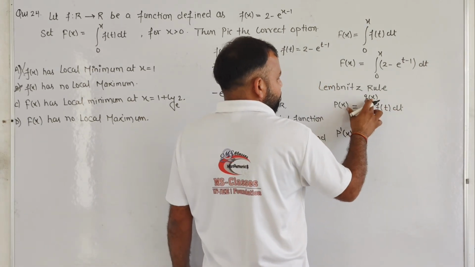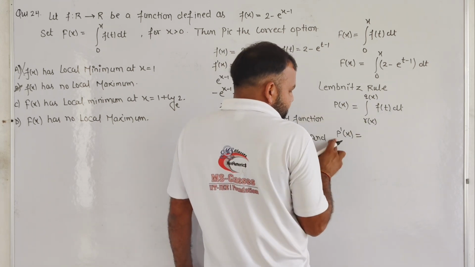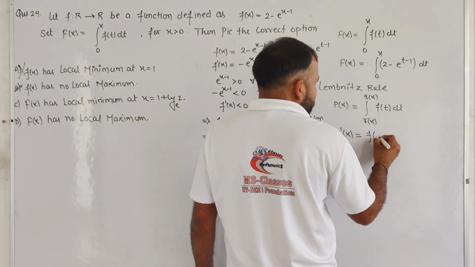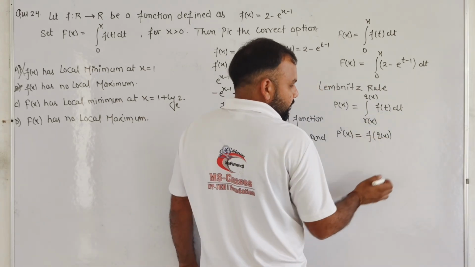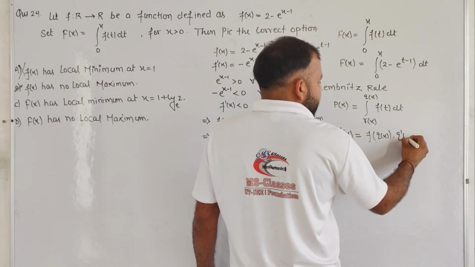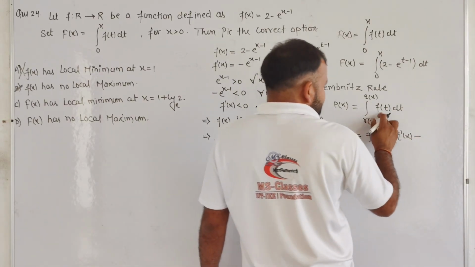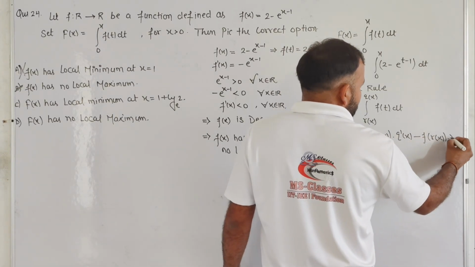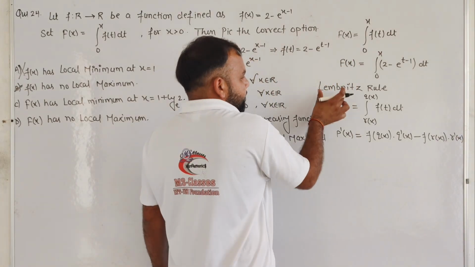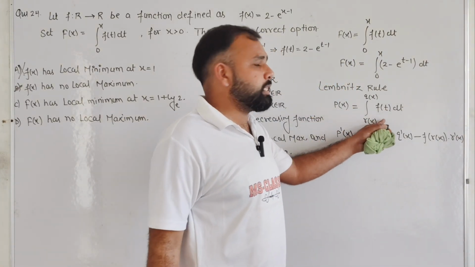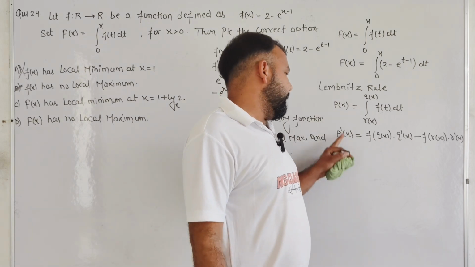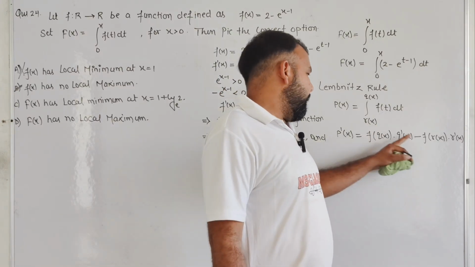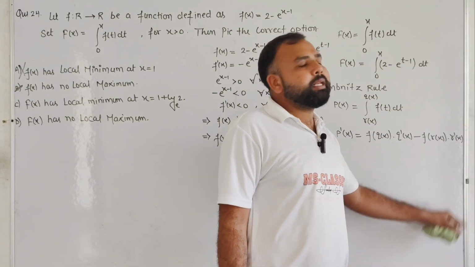So put down the upper limit in the function, f of q of x, multiplied by the derivative of the upper limit, q dash x, minus the lower limit, f of r of x, multiplied by the derivative of the lower limit, r dash x.